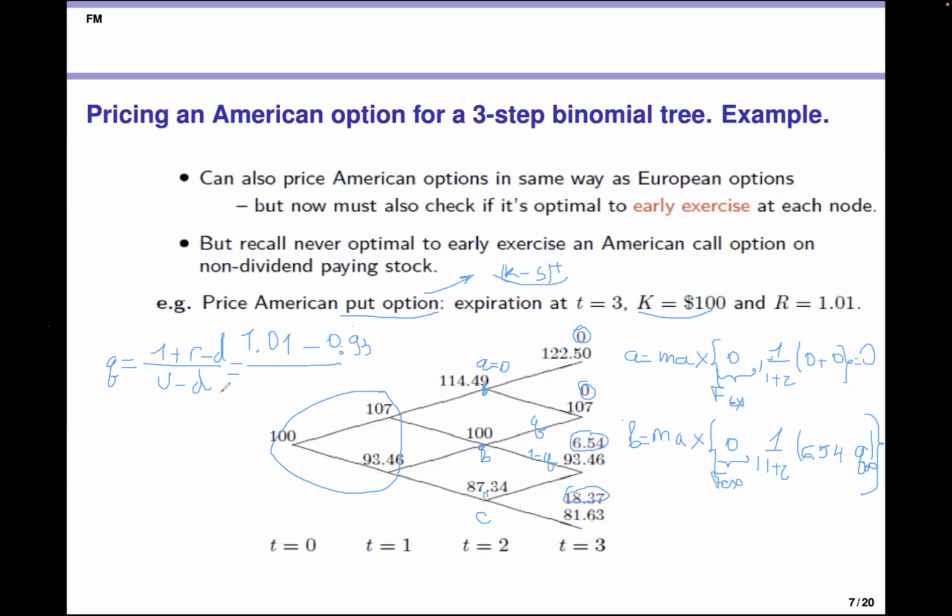And what is u? 1.07, and minus 0.93. Okay, and maybe someone can compute this.